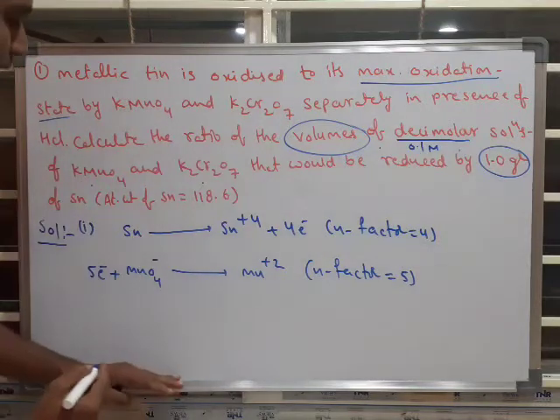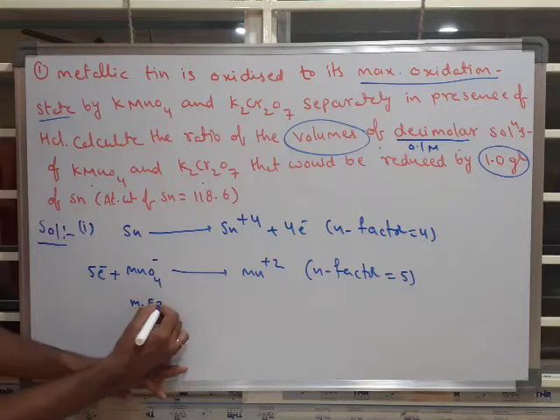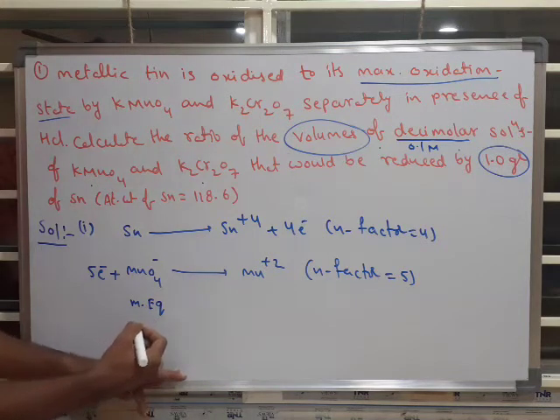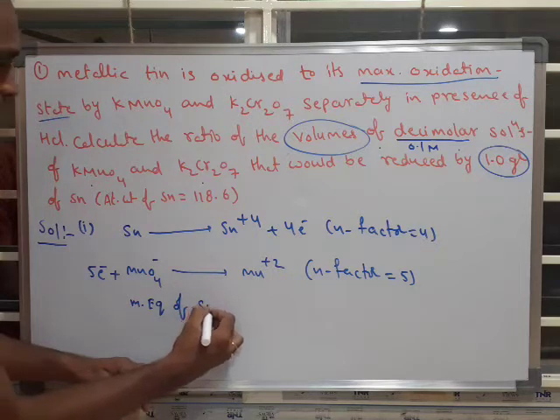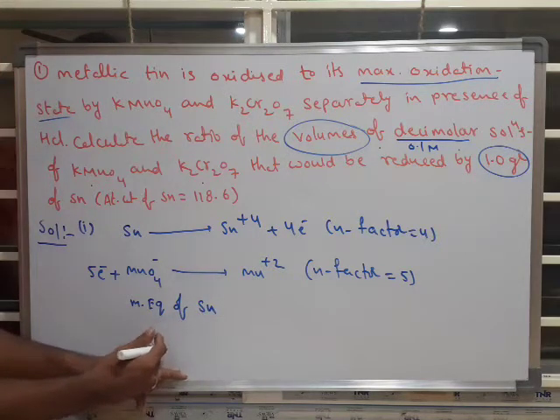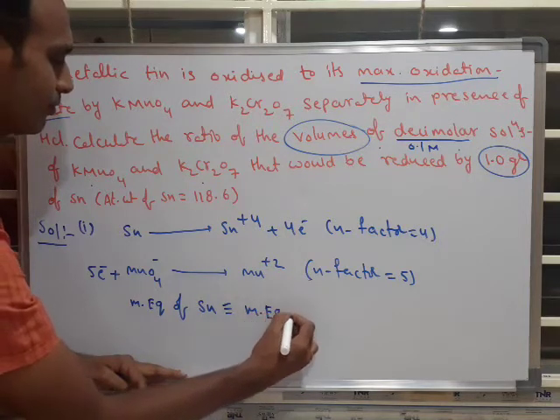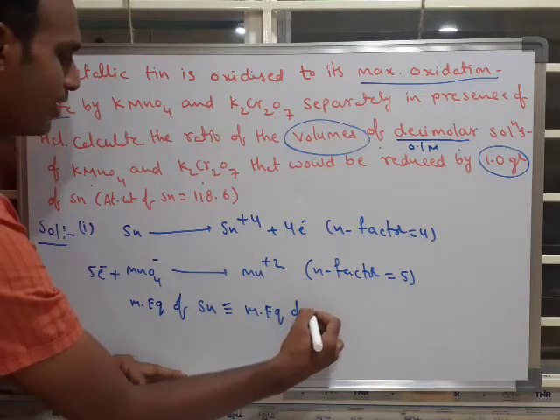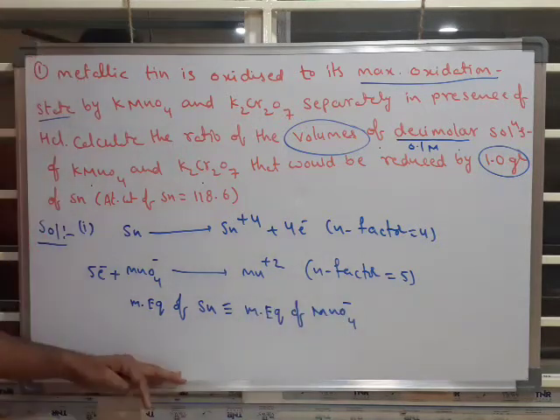So the milli equivalents of tin are exactly equal to the milli equivalents of MnO4 minus.